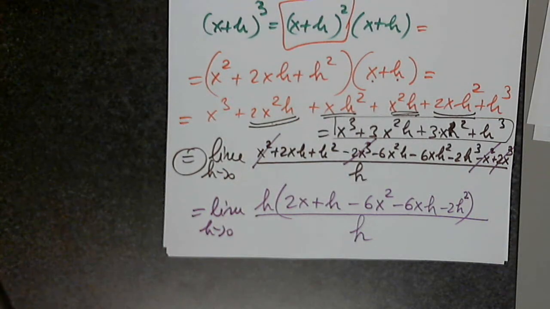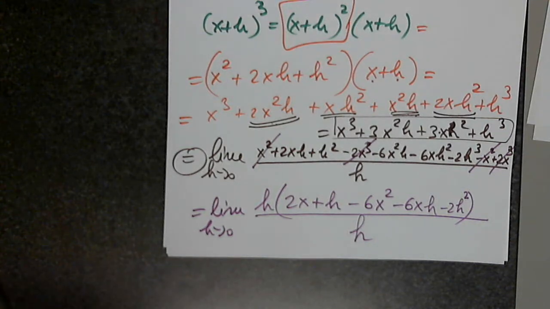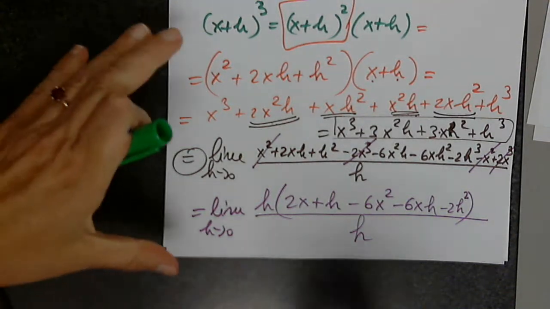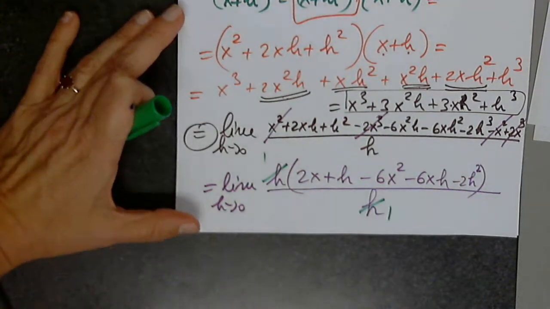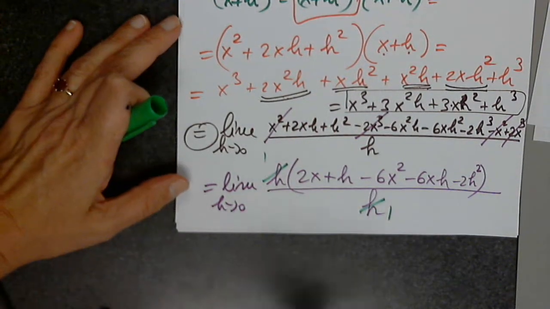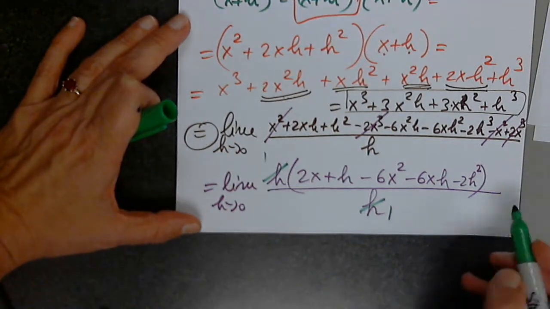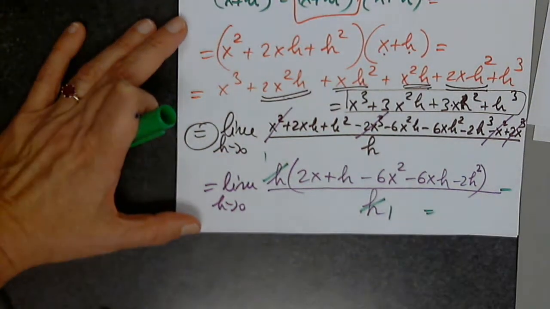Good. Now what do I do next? Say it again. Very good. Write 1 because if you don't, you may consider it's 0 or something. Good. Now I can drop the limit operator.